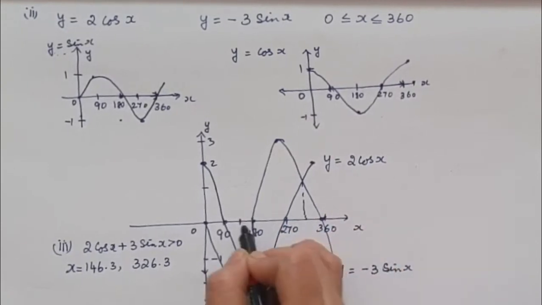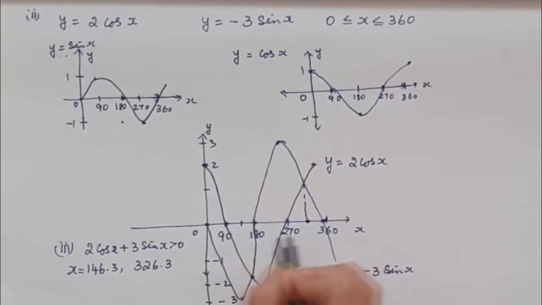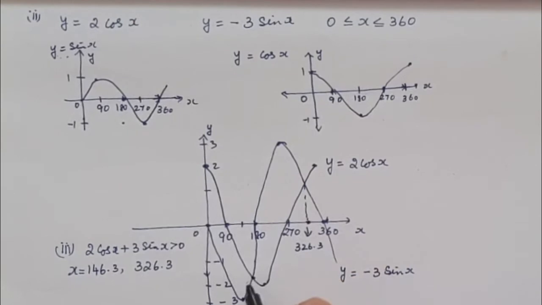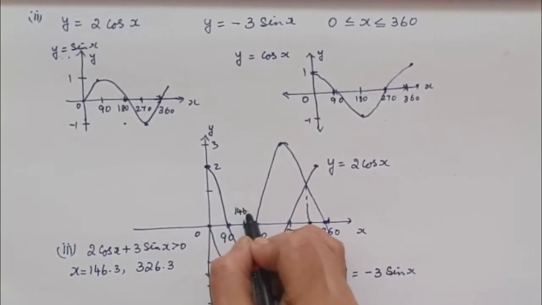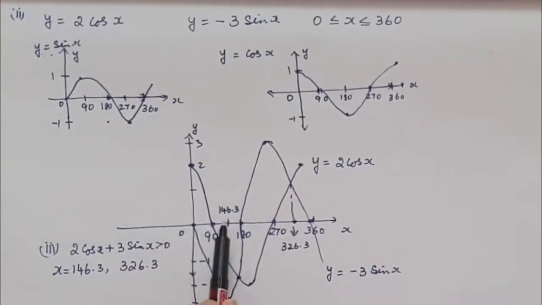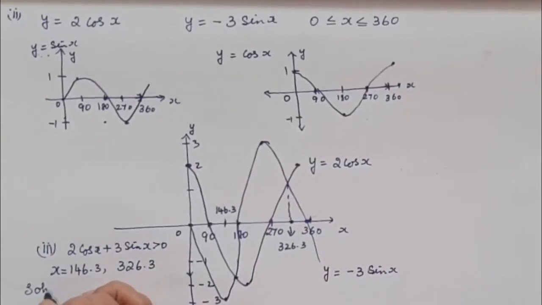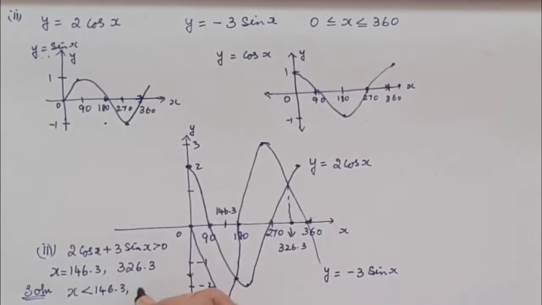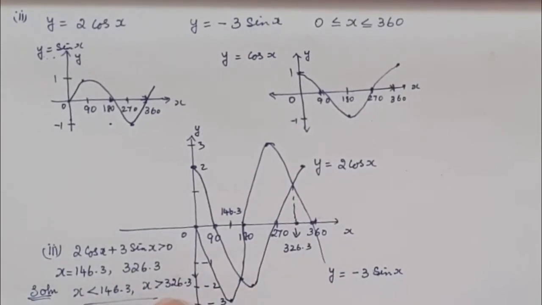So this point will be equal to 326.3. When it is greater, this side of it is lesser and this side will be greater than. That is why our solution is x is less than 146.3 and x is greater than 326.3. This will be our answer.